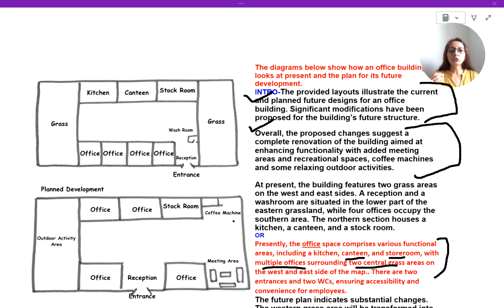So, in one sentence, this has been explained. Okay, there are two entrances and two WC. Sorry, it is wrong, only one WC I can see. Ensuring accessibility and convenience for employees. This line we have just added, so all these facilities are giving convenience to employees only. Okay, now we will talk about the future maps, how we can compare the present and future.